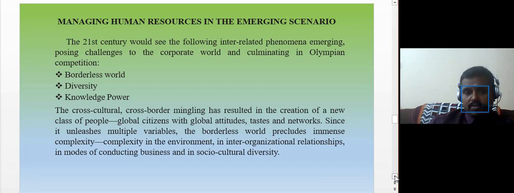Diversity and knowledge power: cross-cultural and cross-border mingling has resulted in the creation of a new class of people, global citizens with global attitudes, tastes, and networks. Since it unleashes multiple variables, the borderless world brings immense complexity in the environment, in inter-organizational relationships, in modes of conducting business, and in social and cultural diversity.